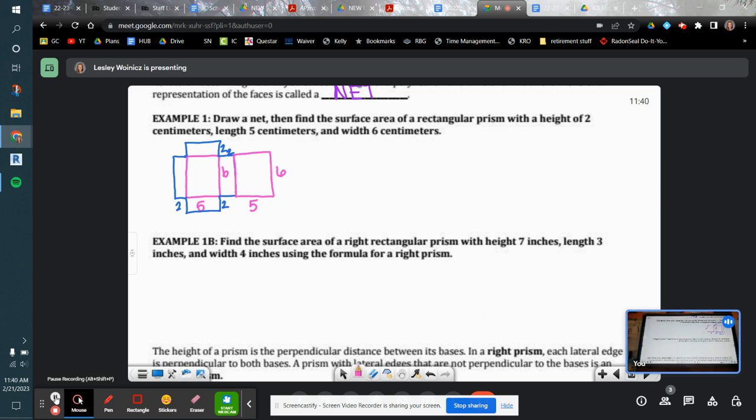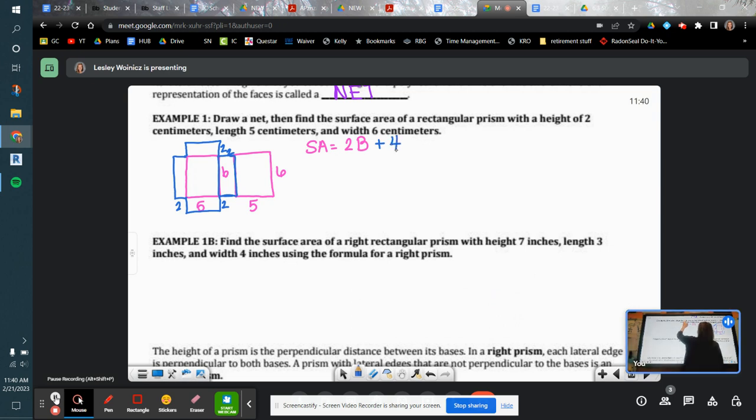Okay, so now we have to find the surface area. So, how many pink rectangles do we have? Okay, so that's going to be 2, our surface area equals 2 times our base area, capital B because it's an area, plus, how many little baby side rectangles do we have? 4. Yeah, there's the fourth one.